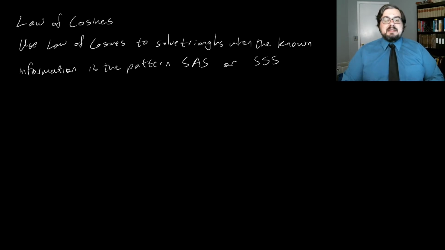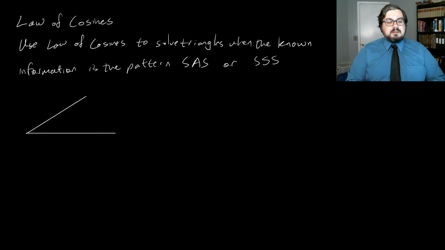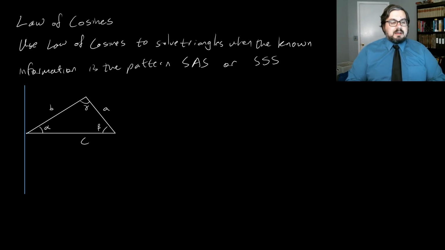So to get at the law of cosines, let's look at a triangle and see what we might be able to do with it. Let's suppose that we've got a situation like this, where we've got an angle alpha, side A on the opposite side, an angle beta, side B, and an angle gamma and side length C. And furthermore, I want to go ahead and put this on a coordinate grid.